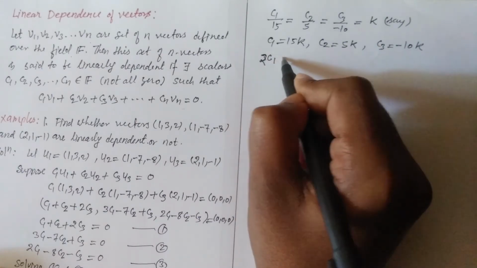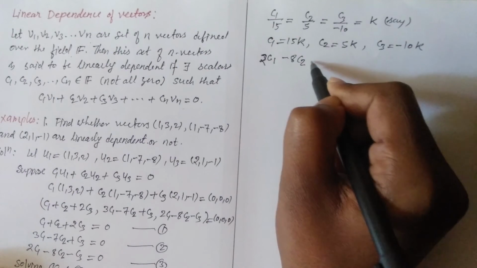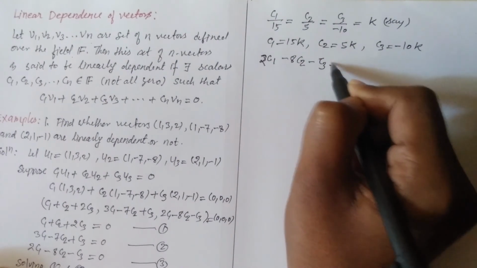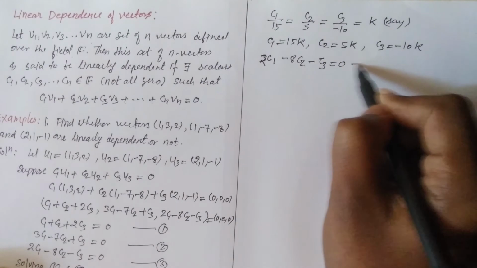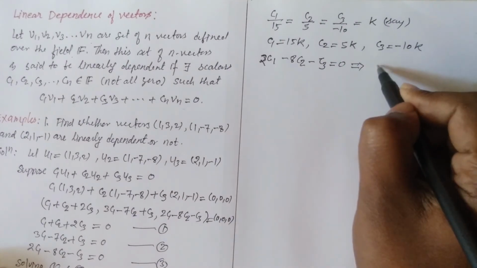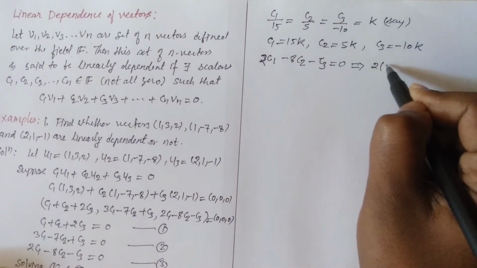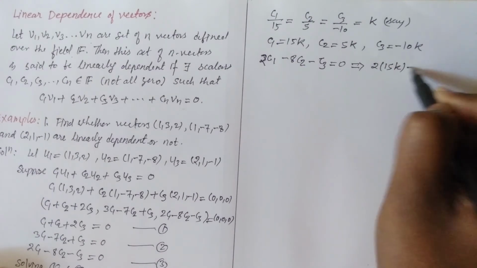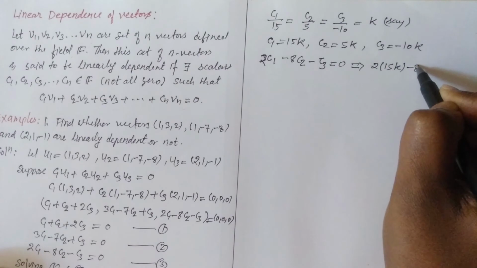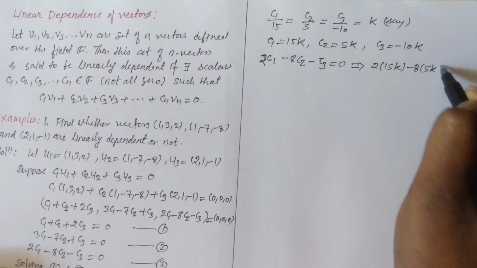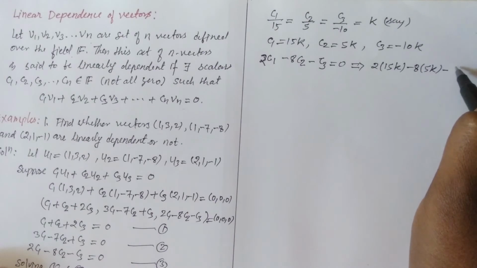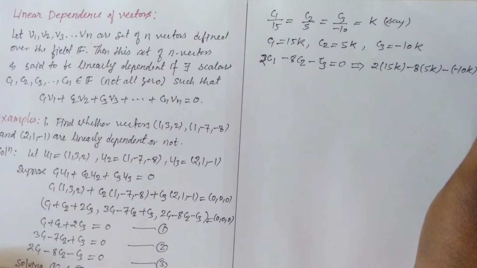2C1 minus 8C2 minus C3 equal to 0. So this equation implies 2 into 15K minus 8 into 5K and minus C3, that is minus minus 10K equal to 0.